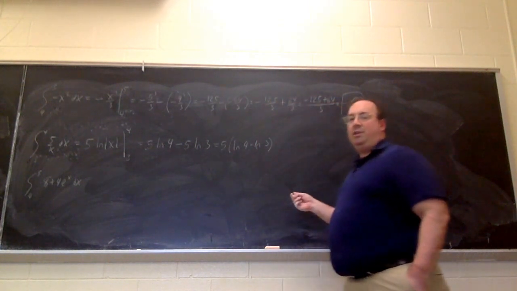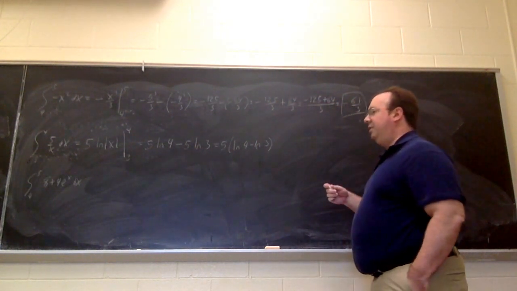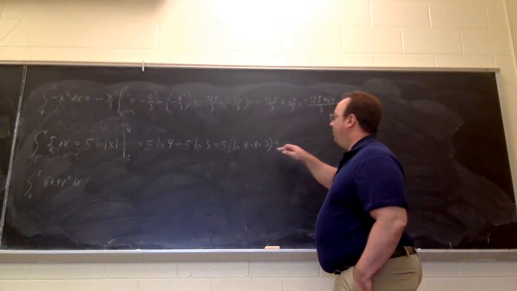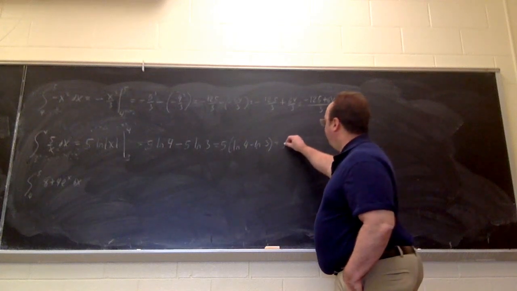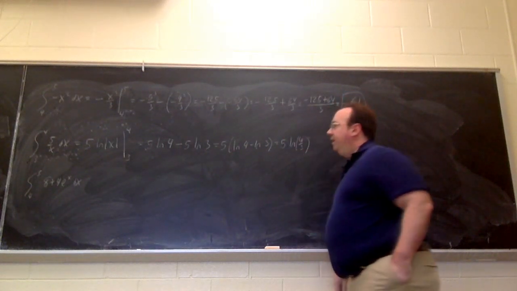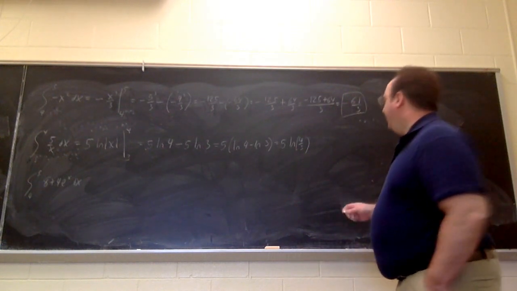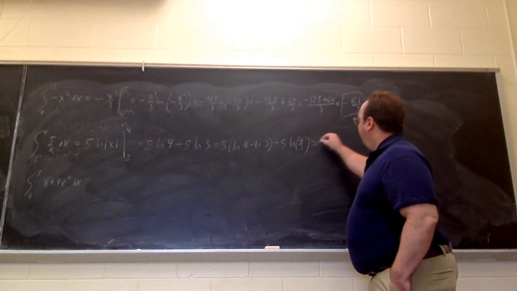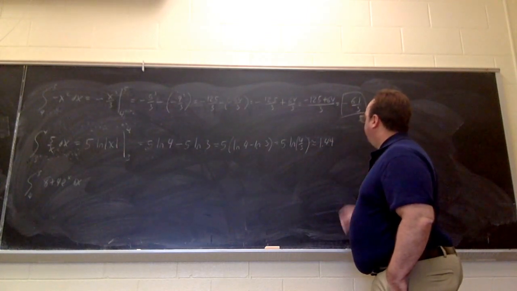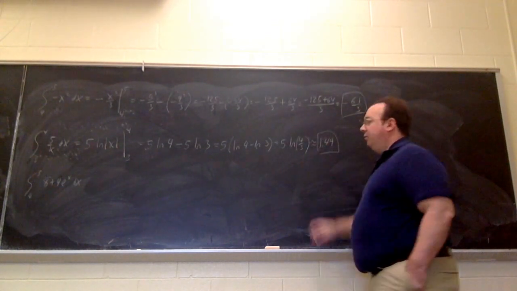Here we can use the properties of natural logarithms from a previous chapter. A difference of logs is the log of the quotient. This is the same as 5 times the natural log of 4/3. If you evaluate that in your calculator, to 2 decimal places you get 1.44. So that's the final answer for that one.